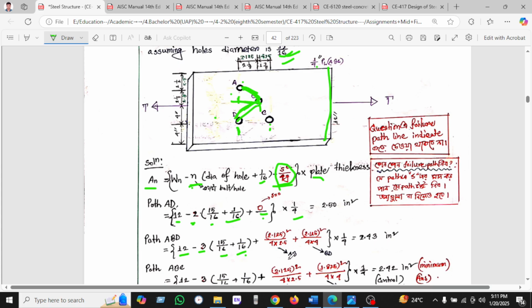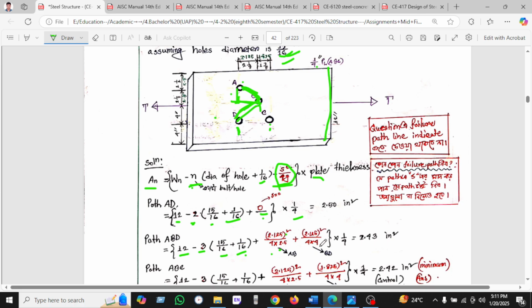So we have found this distance, which is 2 into 1 by 8, which is 1.25, and 4 into g. What will be g? G is nothing but the perpendicular distance. So we know 2 into 1 by 2, which is 2.5.